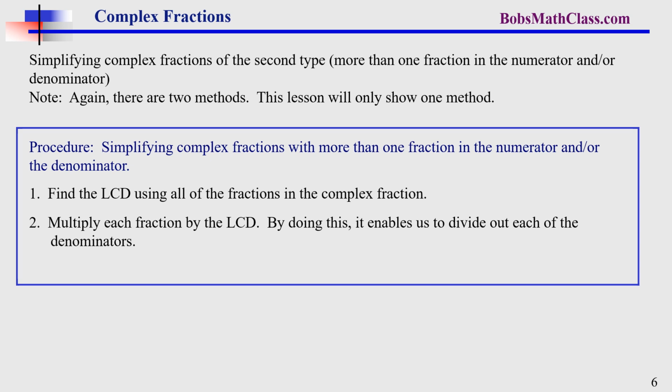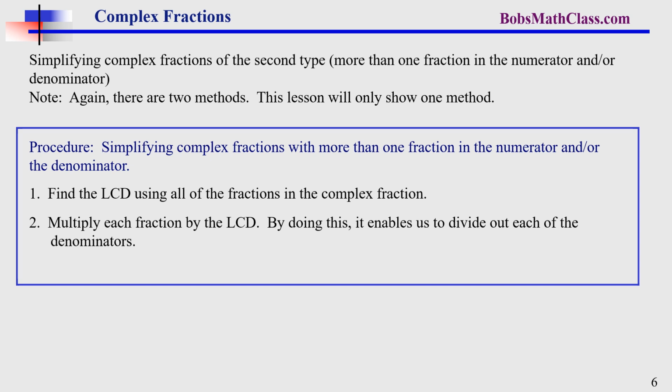Number one, find the LCD of all the fractions in the complex fraction. So we're going to look at all the denominators and find the LCD for those denominators in the top and the bottom. And then we're going to multiply each fraction by the LCD.